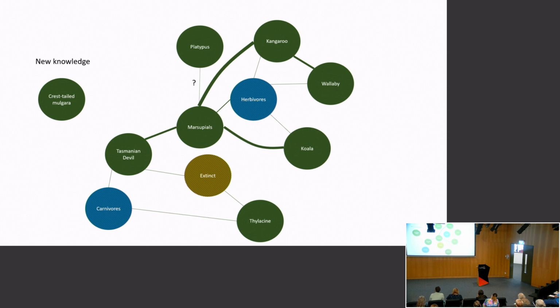It's not, it's a monotreme. But that's a schema, and you'll have a schema for carnivores that this connects to, a schema for extinction that it connects to, a schema for herbivores, and you pop your new animal in, and you might connect it to marsupials and carnivores. And that's what a schema looks like.